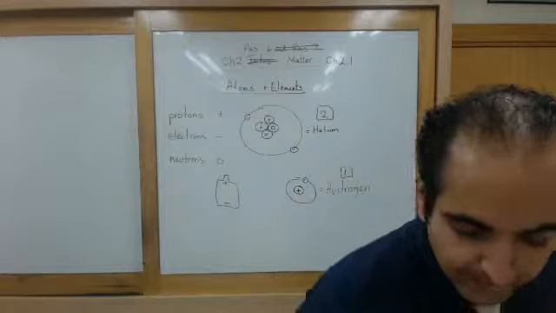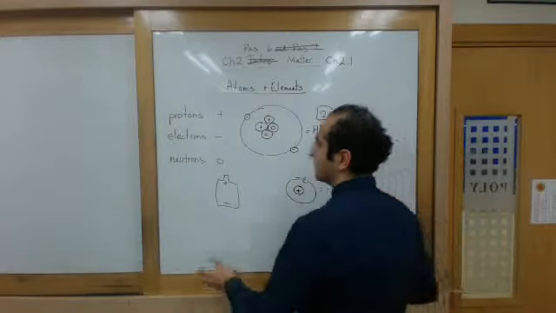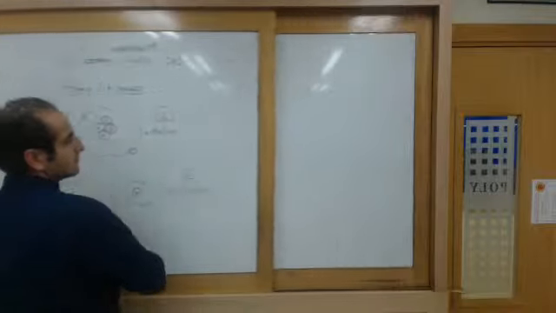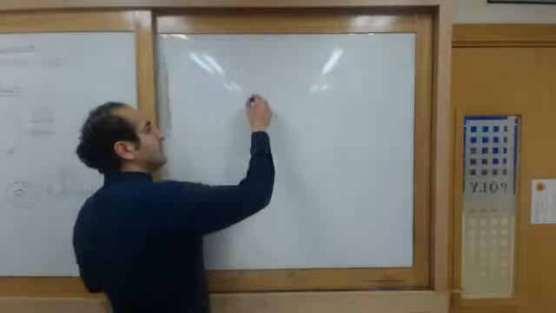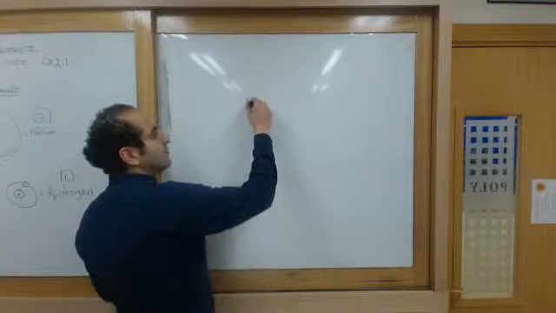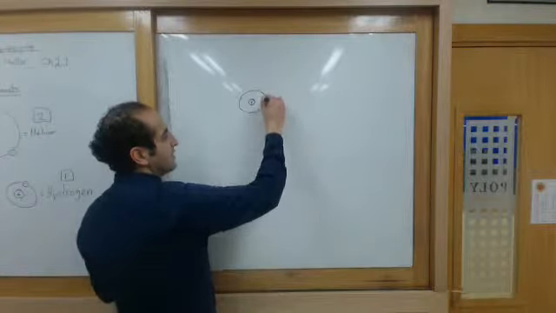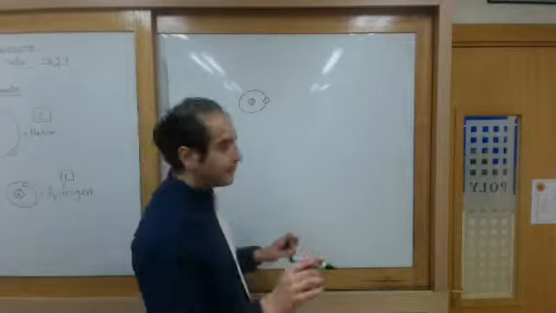So let me draw a crystal if I zoom in. Say I'm going to do a crystal of hydrogen, just because it's easy to draw. Hydrogen cannot really make a crystal. That's not important right now.